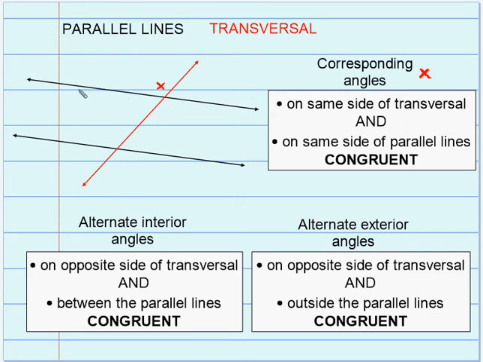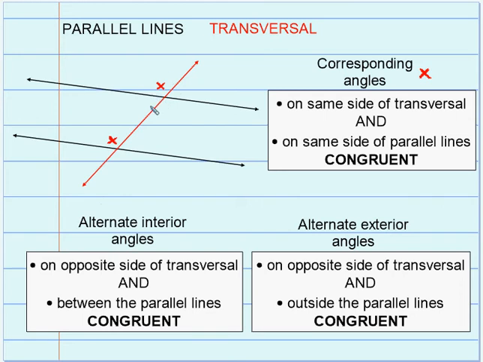So I'm on the left side of the transversal, but I'm above one of the parallel lines. So in my other parallel line, I need to be on the left side of the transversal and above the parallel line. So those two angles would be corresponding angles.